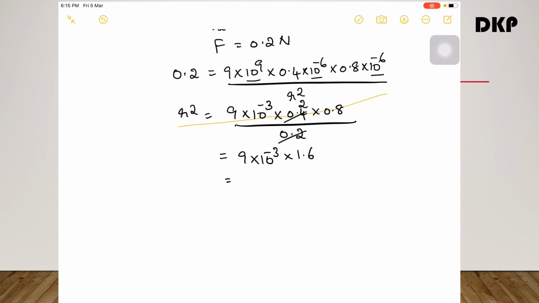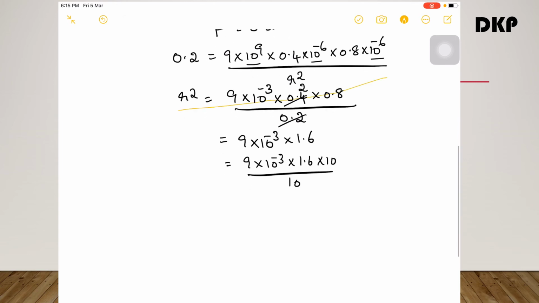Now if I multiply and divide this equation with 10, it doesn't make any difference. So I can rewrite this as 10 to the power of minus 3 into 1.6 into 10, that is 16, into 10 to the power of minus 1.